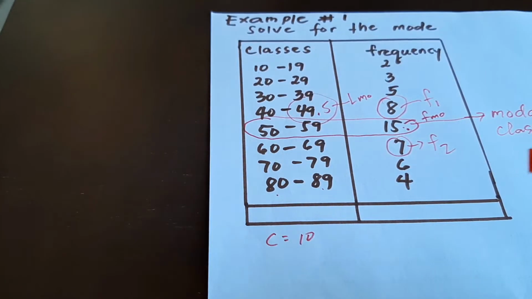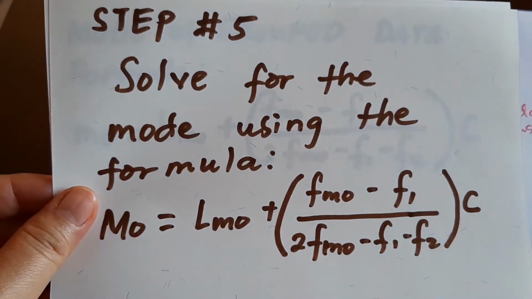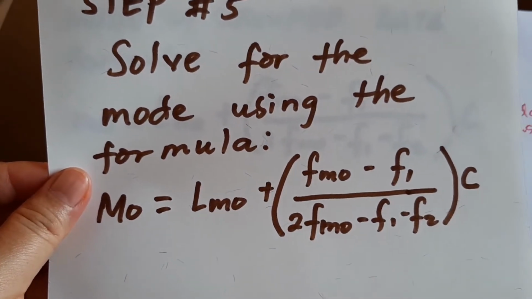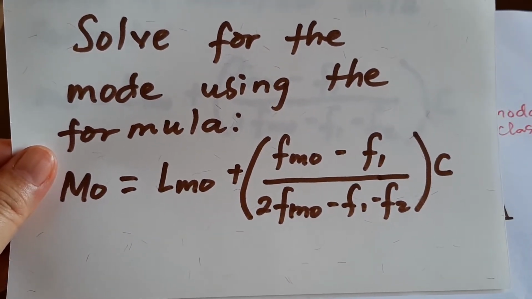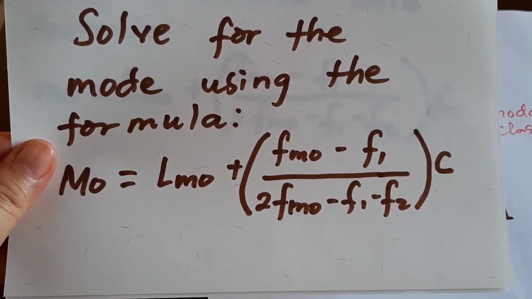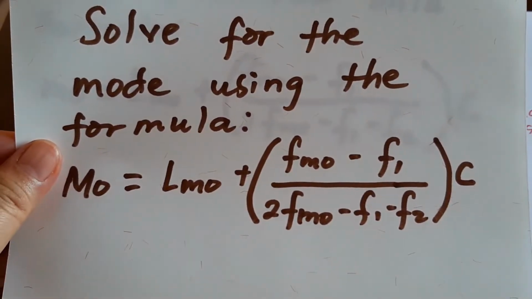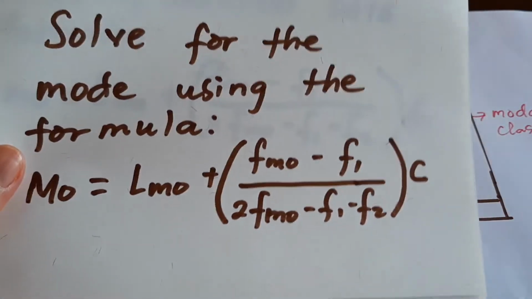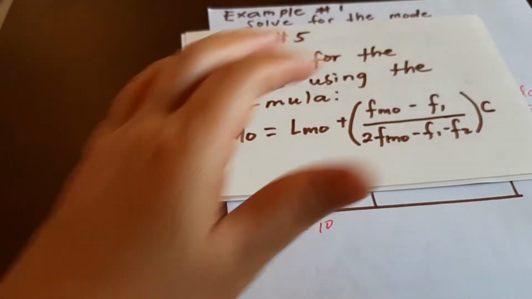And after identifying your C in step number 4, step number 5, solve for the mode using the formula: mode is equal to LMO plus FMO minus F sub 1, divided by 2 FMO minus F sub 1 minus F sub 2, times C. Okay, let's try to solve using this formula.